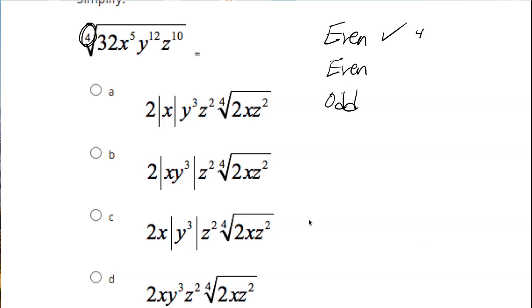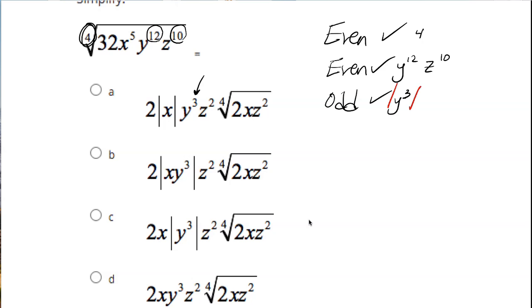Yes, it's 4. Do we have any variables that have even exponents? Yeah, this one and this one. So yes, we have a y to the 12th and we have a z to the 10th. Do we have any that end with an odd exponent? Let's see, this one ended with an odd exponent. So yes, y to the 3rd. That tells us we need the y to the 3rd in absolute value bars.